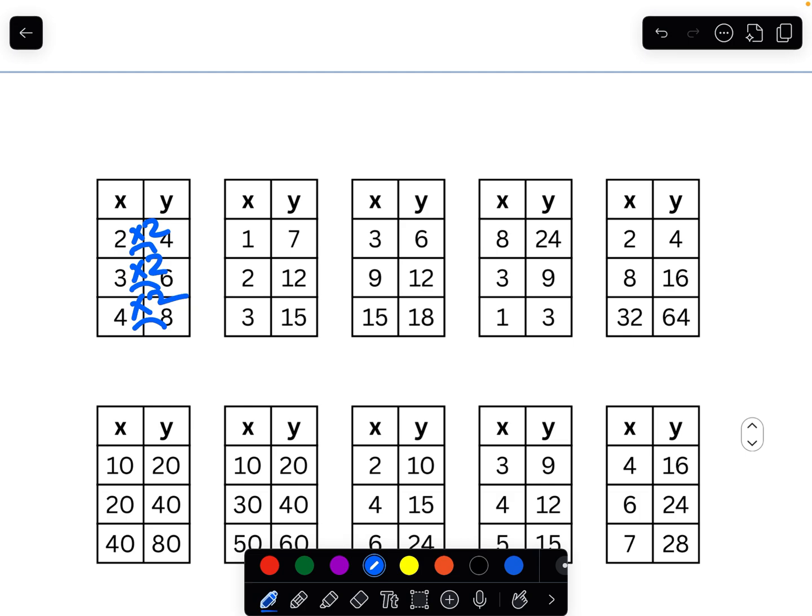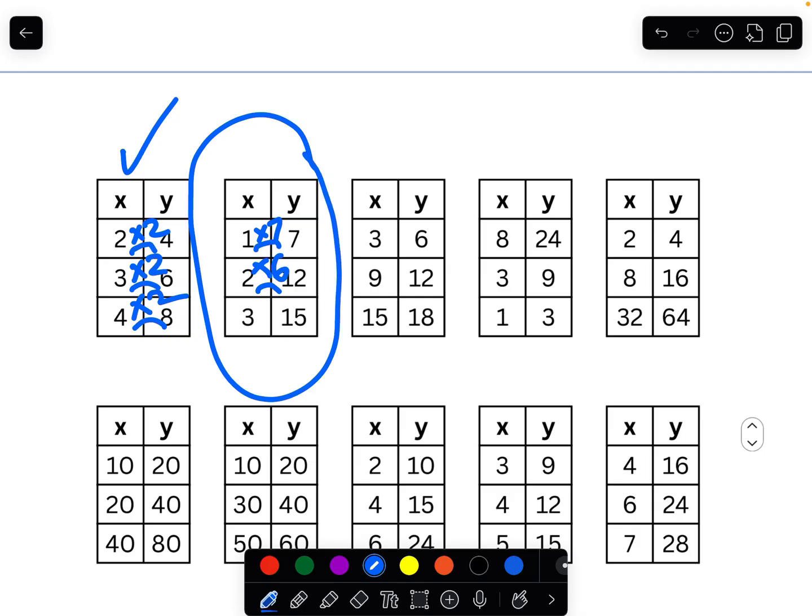We're changing at the same rate. So these are all proportional relationships. Let's go to the next table. Here I multiplied by 7. Here I multiplied by 6. These are not proportional relationships, so I'm going to go ahead and circle that.